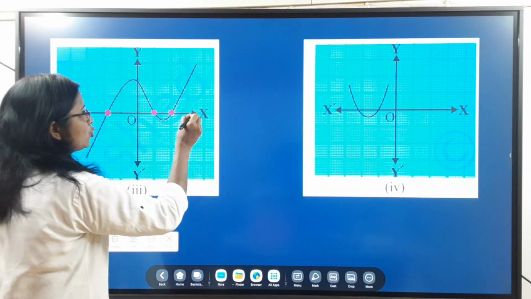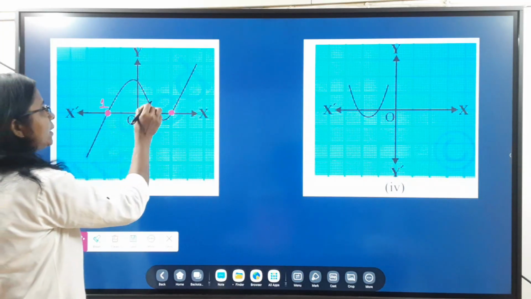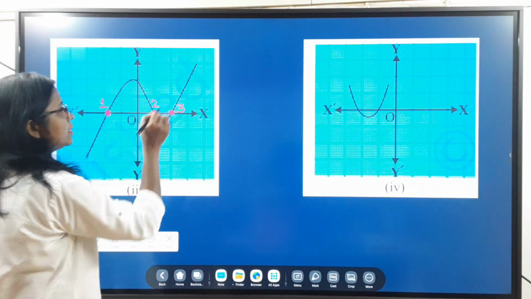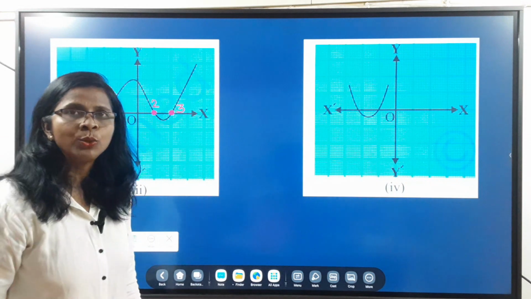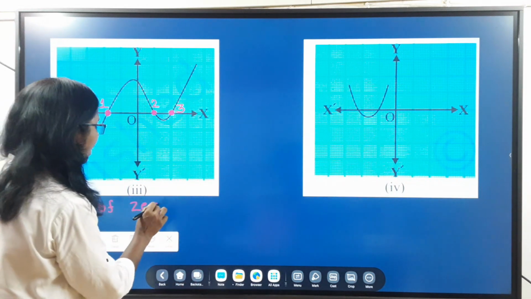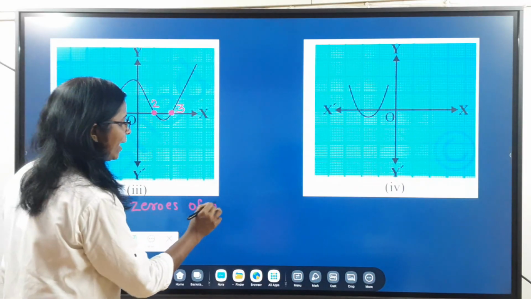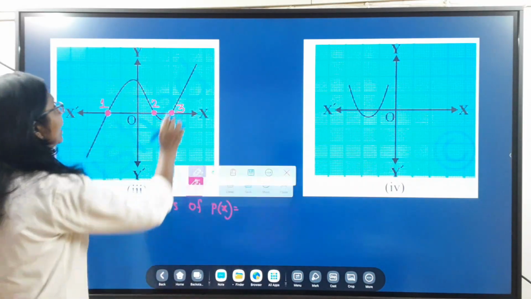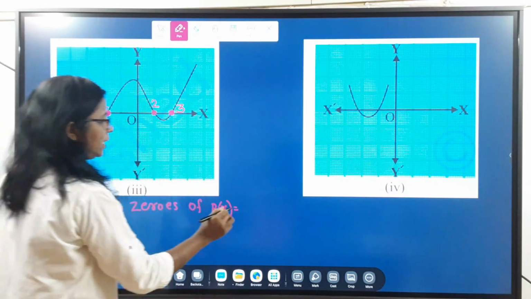So this one is the first point, this one is the second, and this one is the third point students. So that means we have to say that the number of zeros of p of x is equal to 3.